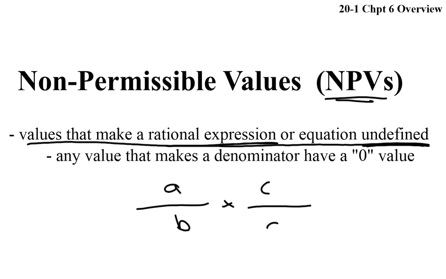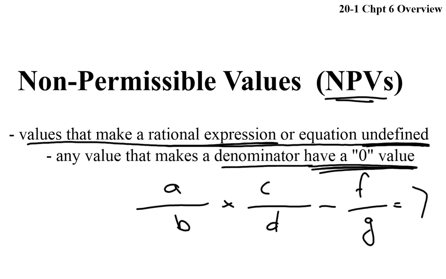So as soon as you have all these fractions, whether you are adding or subtracting the fractions or whatever, or an equation with the fractions, we cannot have a zero value in the denominator. If I have a value of 0 in any denominator, it's just not allowed in math. It's undefined. So an NPV is any value that makes a denominator a 0. And we'll be looking at that throughout this review.